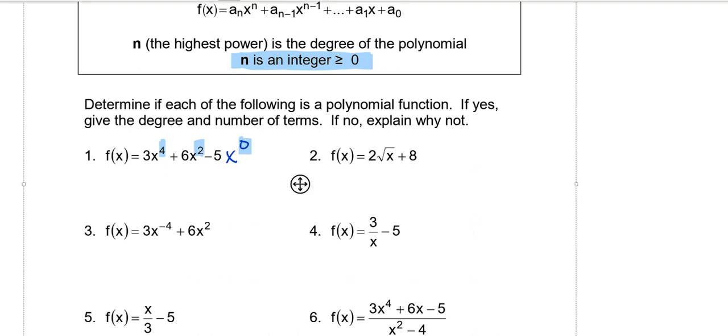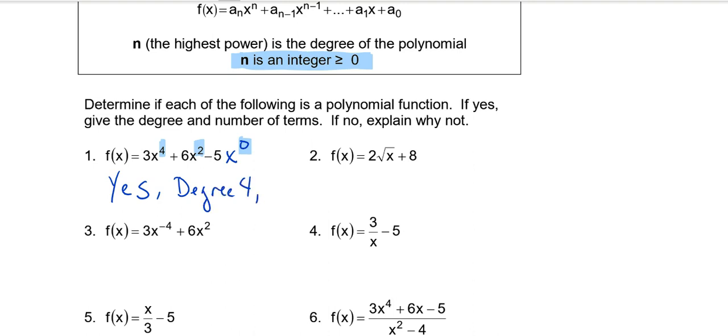So yes, it is a polynomial function. And because we have 4 as our highest power, our degree is 4. And we have 3 terms. We've got the term that has the 3x to the 4th power, our second term is 6x squared, and our third term is negative 5x to the 0 power. So we got 3 terms.